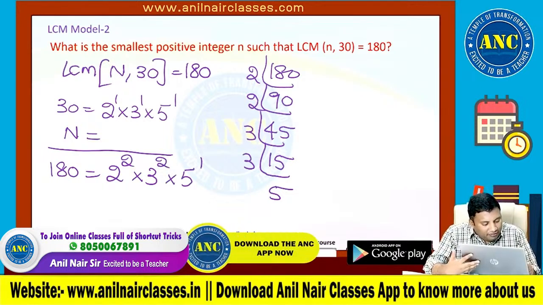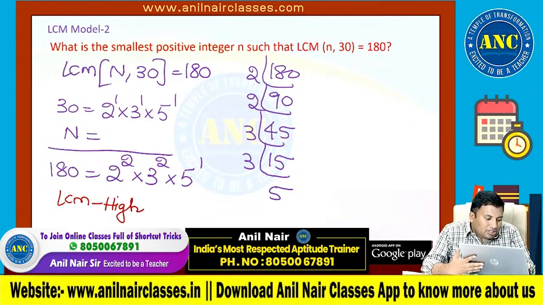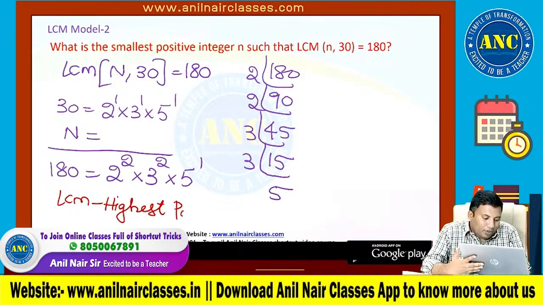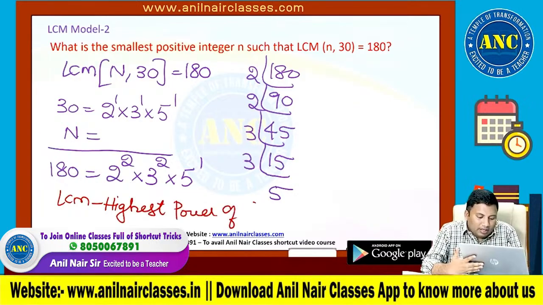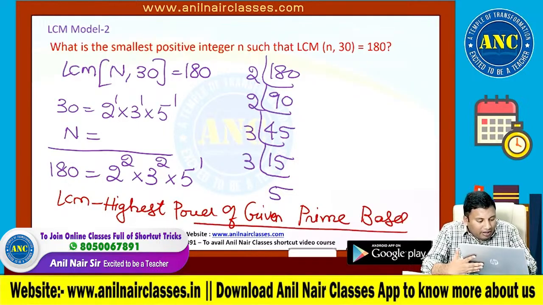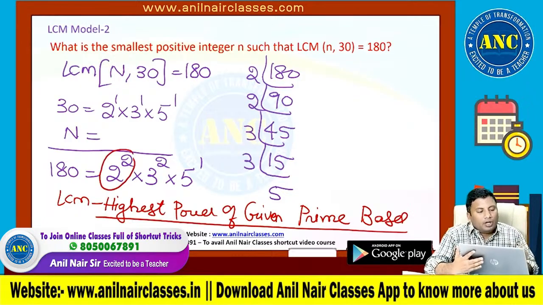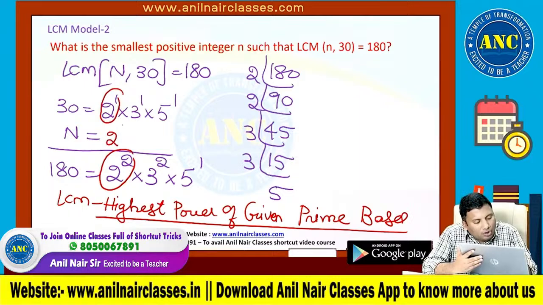Now what is the definition of LCM? LCM always takes the highest power of the given prime bases. Answer is 2 square, but this is 2 power 1, so definitely it should be 2 square.